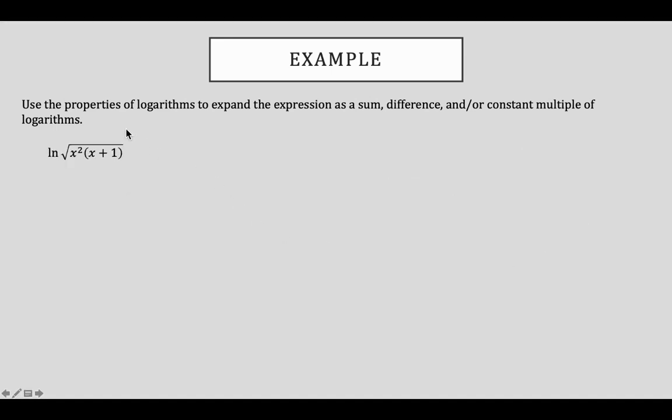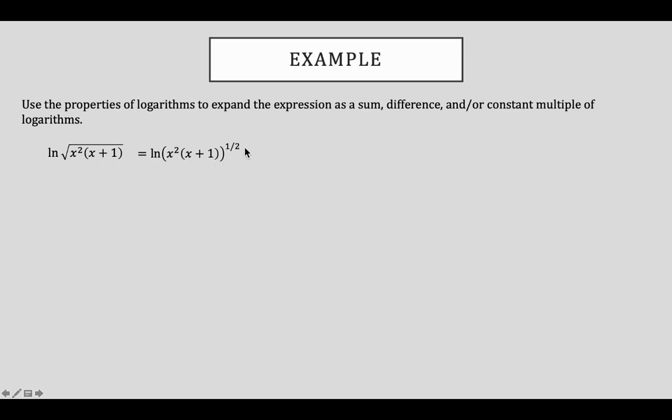Same thing here. Use the properties of logarithms to expand the expression. All right, we've got a square root. Well, what do square roots mean? They are the exact same thing as fractional exponents. This is the natural log of the quantity x squared times x plus 1, all raised to the 1/2 power. Now, we have multiplication going on here, but we can't use the product rule just yet.